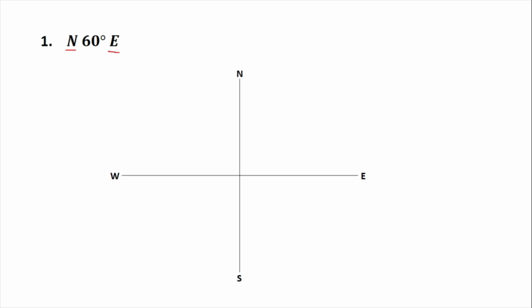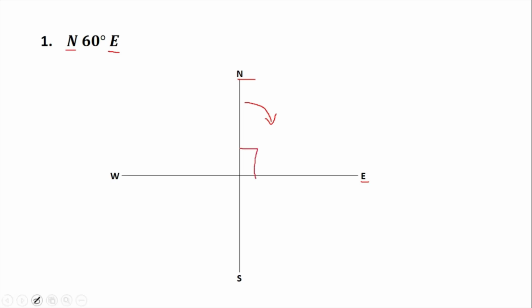So in this case, we'll be moving from the north in this direction towards the east. The angle gives you the amount by which you are supposed to turn. So we are starting from the north, we are moving towards the east, and we are supposed to turn 60 degrees. Don't forget that between the north and the east, the total angle there is 90 degrees.